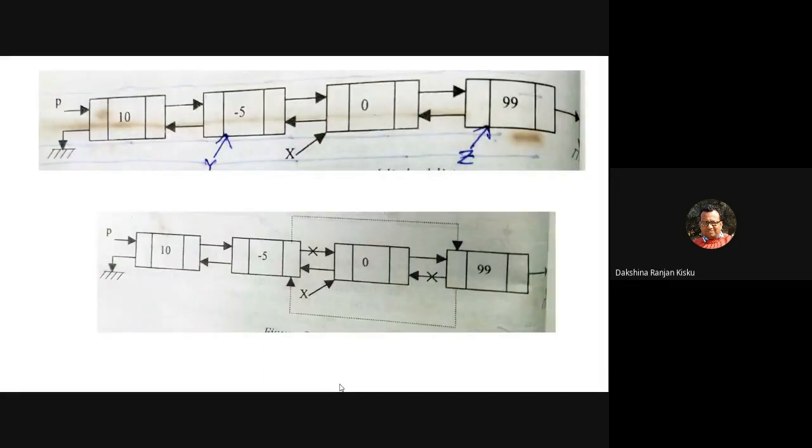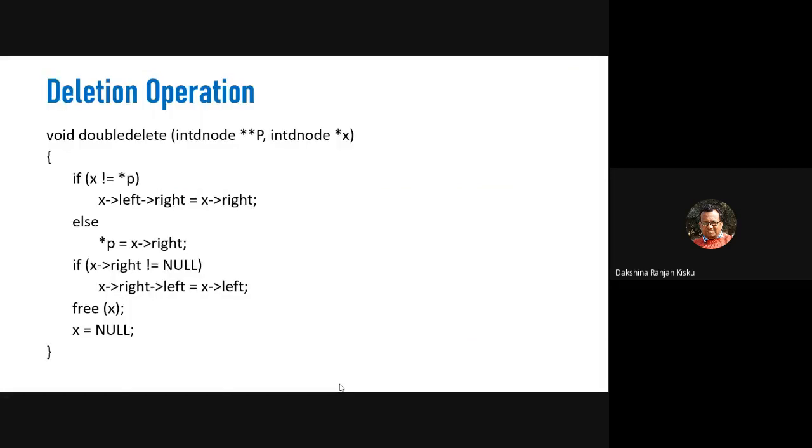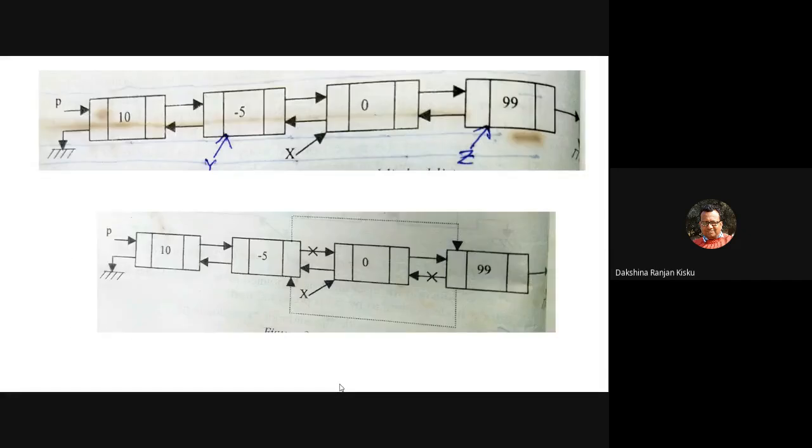First this link part will be updated, then we will update the link part of the last node so that it will point to the preceding node of the deleted node. Before that we need to check whether x right equals null or not. What is x right? Let us look at the illustration. Here x right points to the next node, I mean the last node.